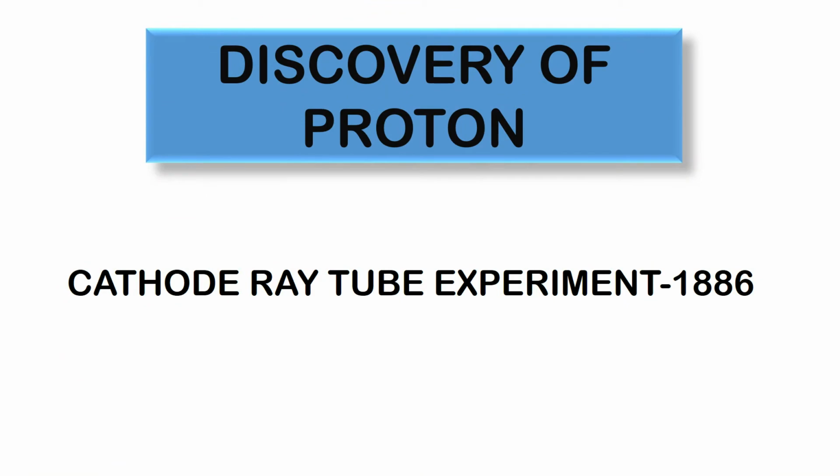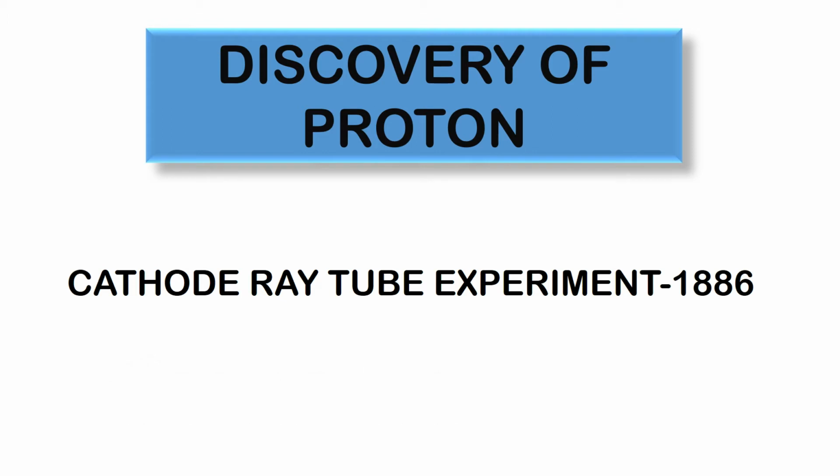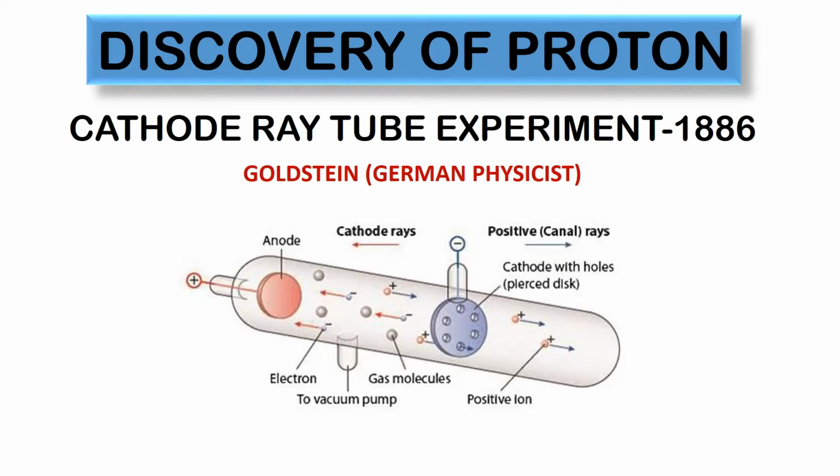Protons were discovered in 1886 through the same cathode ray tube experiment as was performed by J.J. Thomson for the discovery of electrons. This experiment was performed by Goldstein, a German physicist.